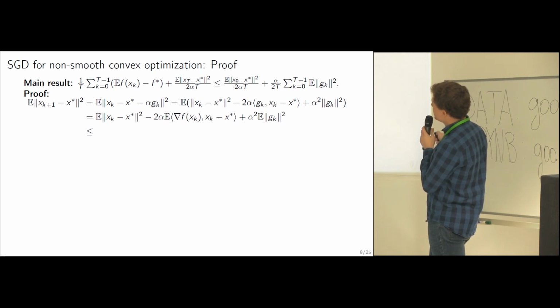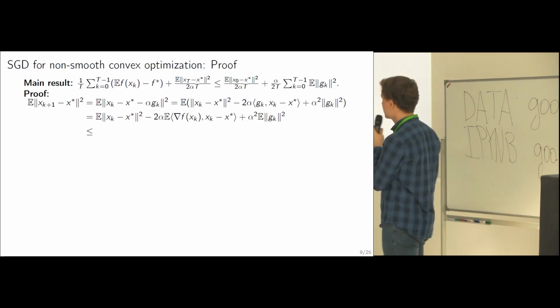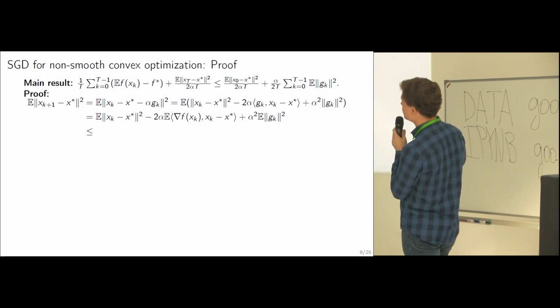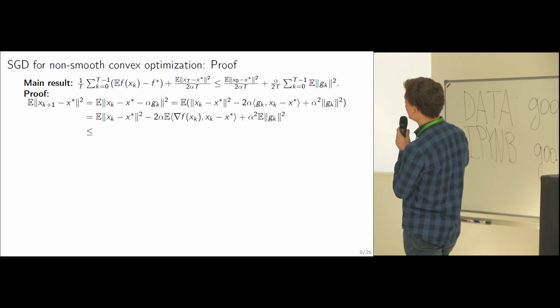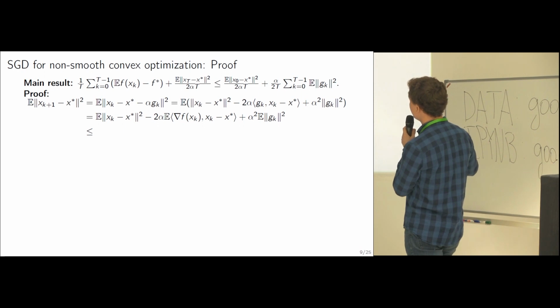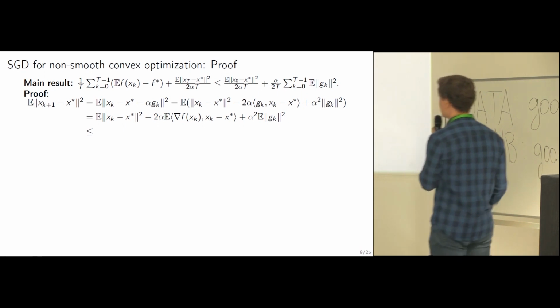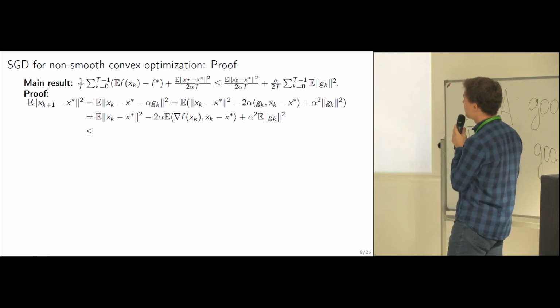When we take the expectation of this thing, this is where we use our assumption about unbiasedness, and this thing becomes the true gradient. And here, again, why is this important? Because you already see why this magnitude of stochastic gradient matters. It already arises here.